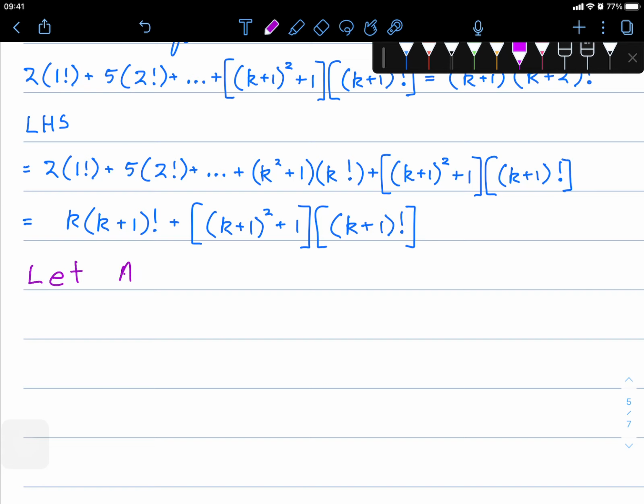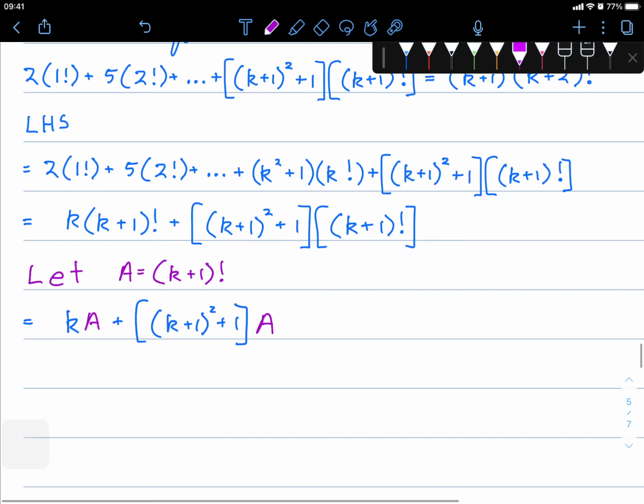Let a equal k plus 1 factorial. So I'm imagining this entire expression as k times a plus k plus 1 squared plus 1 times a, because there they are. Take a look.